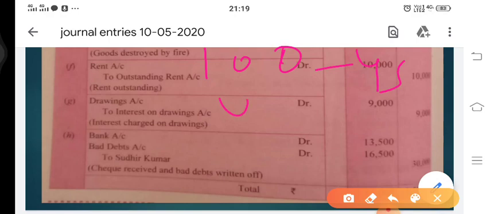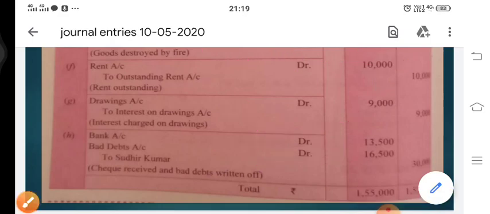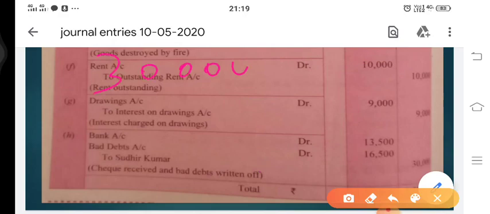So 45 out of 100 means 45%. So here technically, Sudhir Kumar, from whom we had to receive 30,000, can pay only 45%.